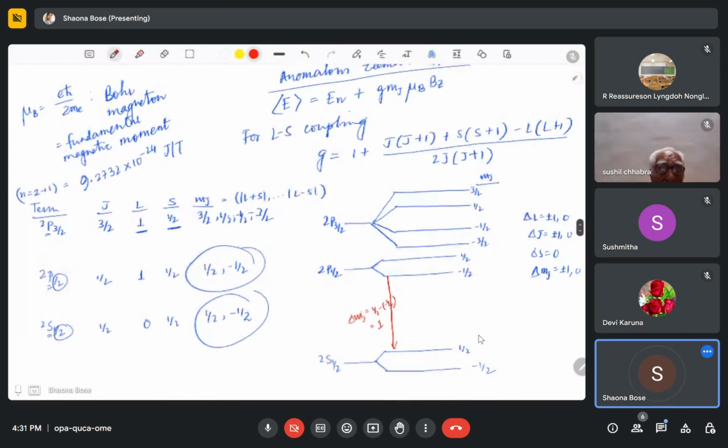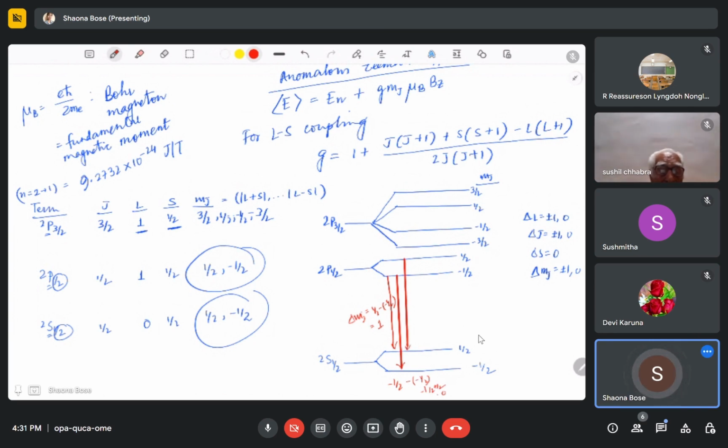Okay, so yes, we will have this transition. Next, will we have this transition? Again, minus half is the final one, minus of minus half. Yes, we will have this one too, so 0.